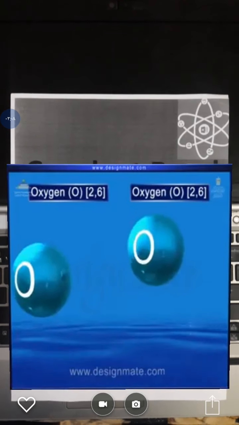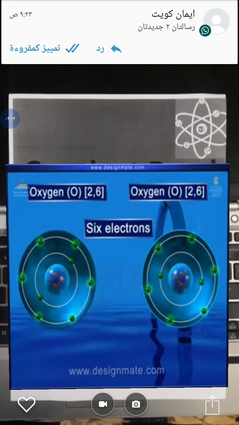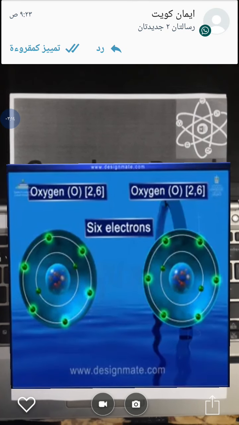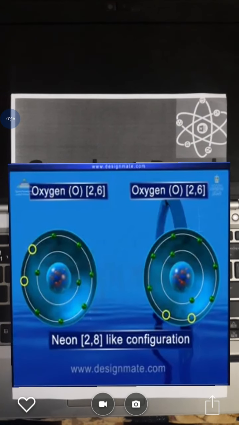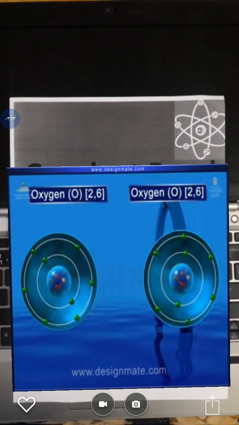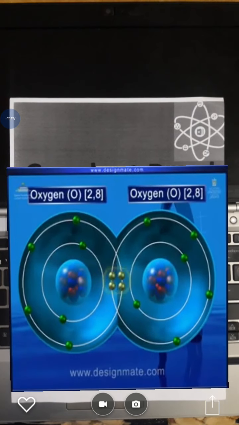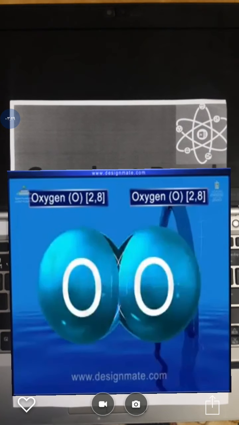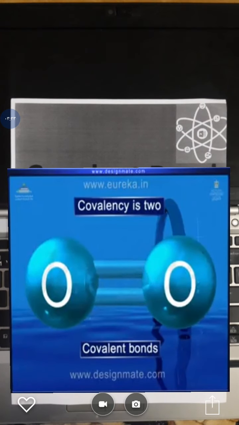In the oxygen molecule, each oxygen atom has 6 electrons in its outermost shell. It needs 2 electrons to attain neon-like configuration 2,8. Hence, 2 oxygen atoms combine by sharing 2 pairs of electrons, forming covalent bonds. Thus, the covalency here is 2.